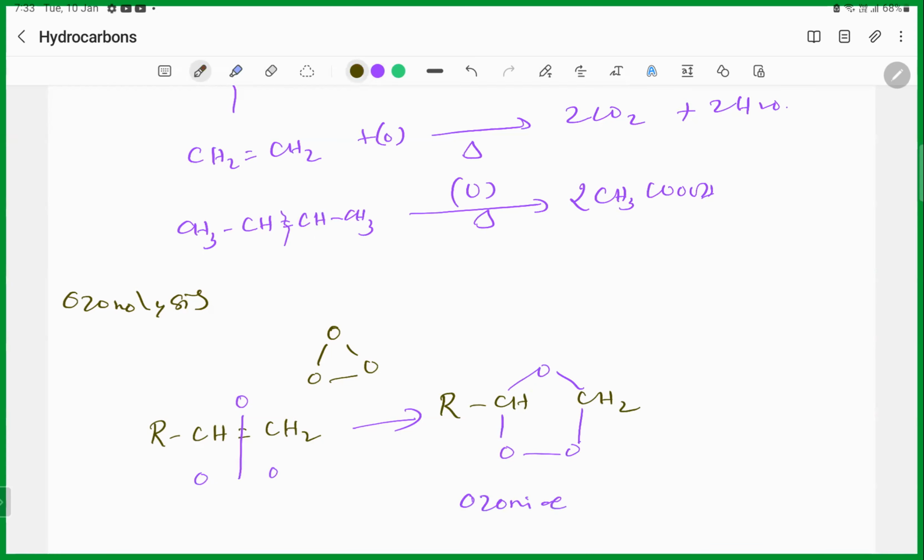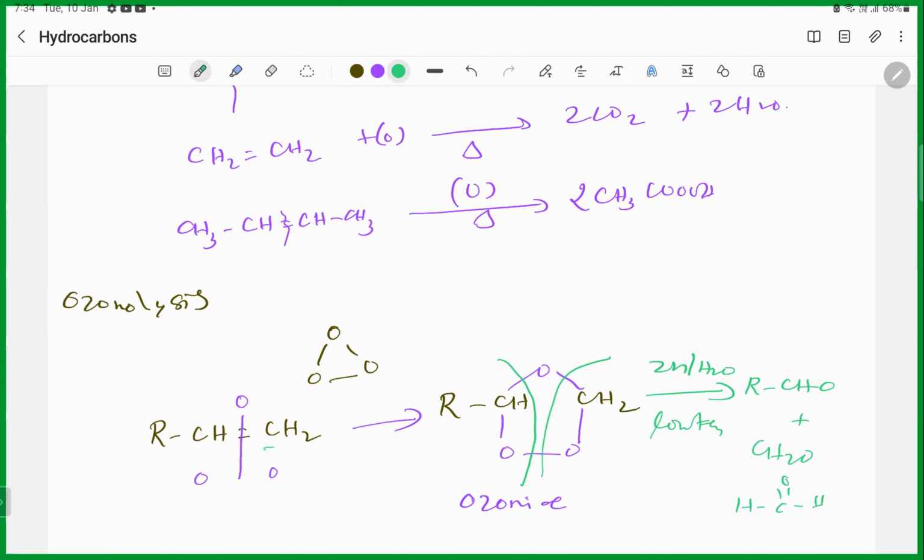When this ozonide is hydrolyzed using zinc and water, the zinc metal will cleave the ozonide at low temperature. So what is the product? RCHO plus CH2O, that CH2O is formaldehyde.